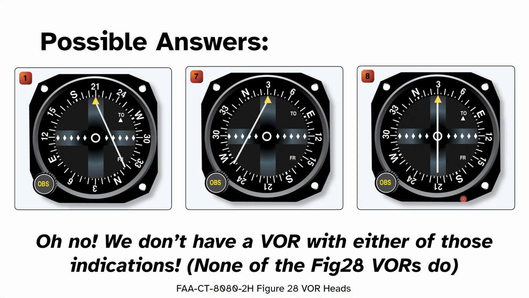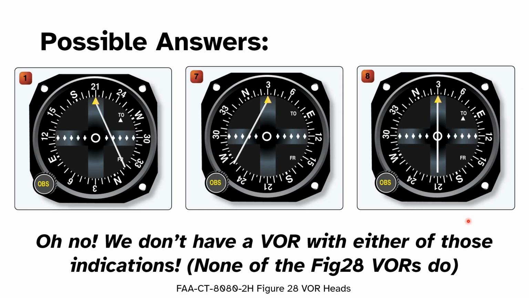But guess what? None of the VOR options that we have, and in fact, none of the VORs in the testing supplement even have that indication. What I want you to notice, though, is that if you look at the sides of each VOR, so we've got the tops up here, then we've got the sides over here, 120 is on the side of both of them. So this one is actually fairly straightforward.